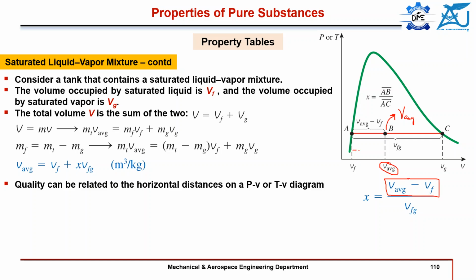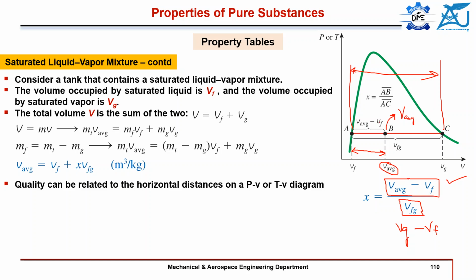So this magnitude represents the numerator. And what is meant by this vfg? vfg is nothing but vg minus vf, right? So it is representing this horizontal magnitude.